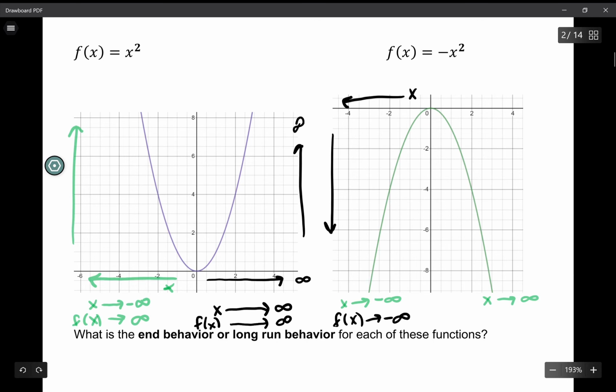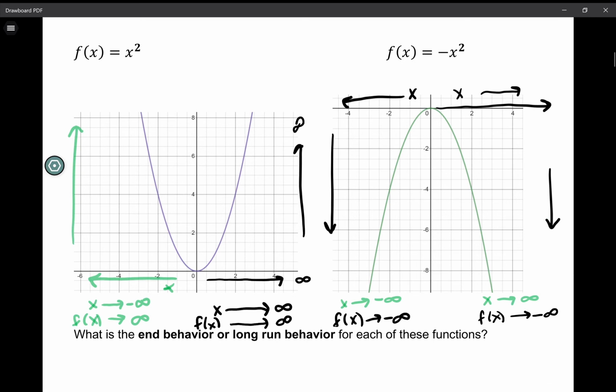And as x goes to positive infinity, the function still goes down to negative infinity. So this is what happens in the long run. For x squared, no matter if you go to positive or negative infinity, f of x gets big. For minus x squared, as x gets really big or really small, f of x gets really small.